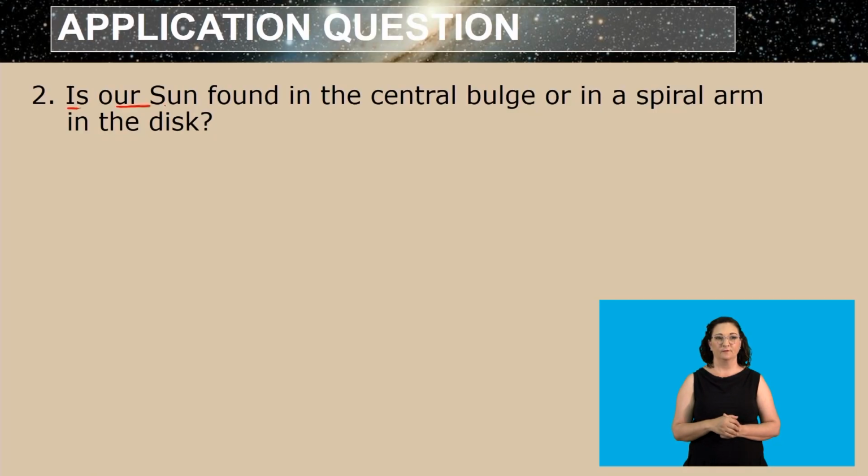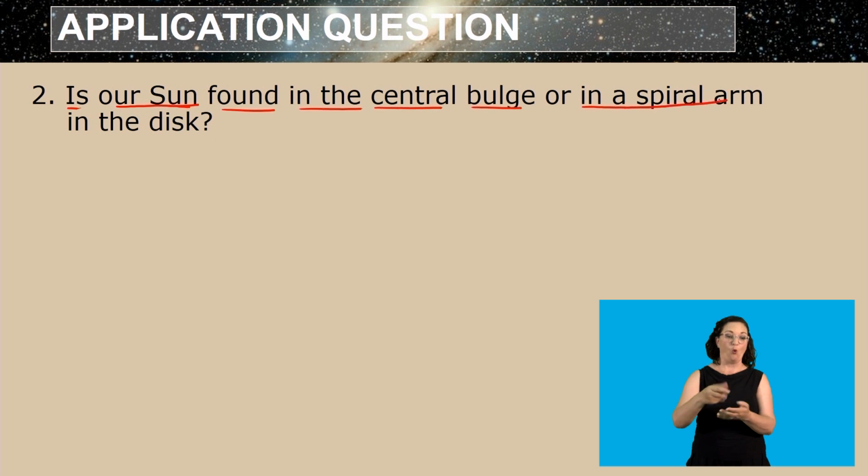Question number 2 says to us, is our sun found in the central bulge or in a spiral arm in the disk? Okay, remember we said the sun, it is not found at the center of our Milky Way, but it is found at the edge. Okay, at the edge of one of our spiral arms in our Milky Way galaxy.